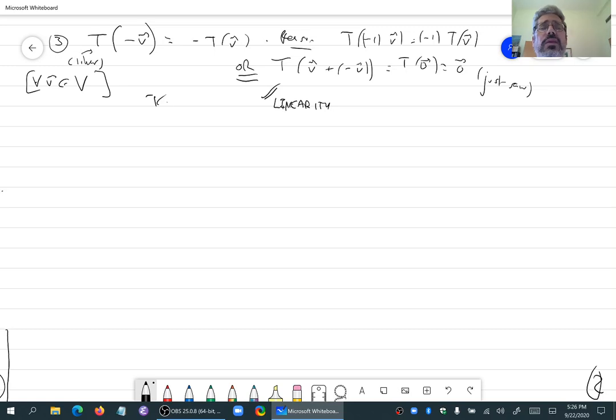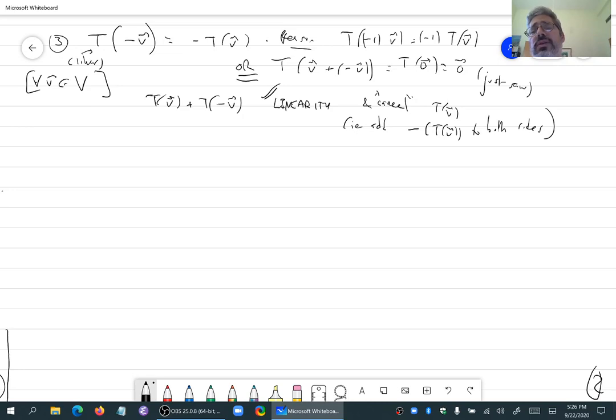This is T of v plus T of minus v, and now cancel T of v, i.e. add minus T of v to both sides.